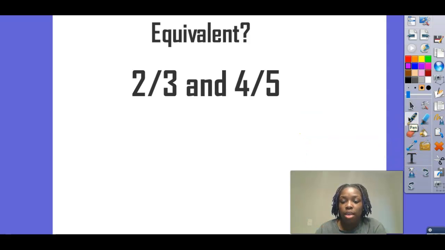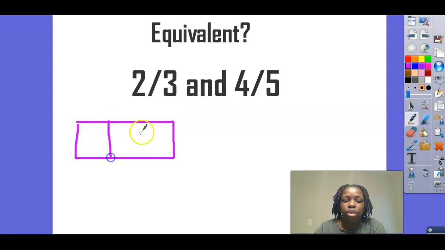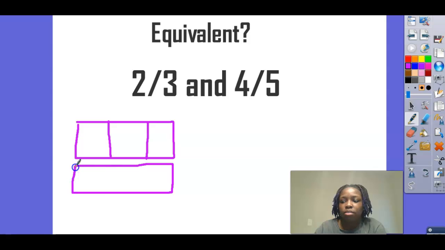All right. So we know that we can draw out 2/3, right? We can use our area model to see if they're equivalent. We can draw out a 2/3 candy bar and we can draw out a 4/5. And I know with a 2/3 candy bar, I'm going to shade in 2.